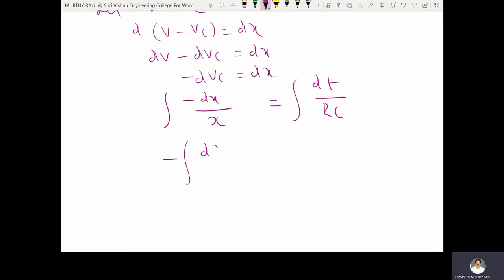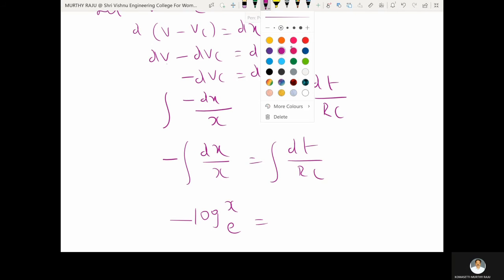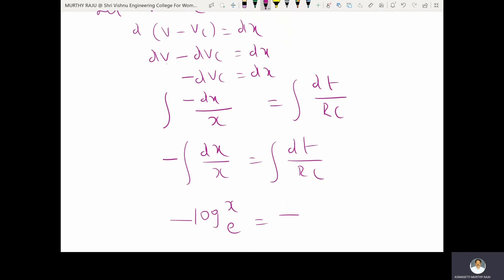Minus integral dx by x is equal to integral of dt by RC. The integral of 1 by x dx is log x base e. 1 by RC is constant, and the integral of 1 dt is equal to t plus some constant k.